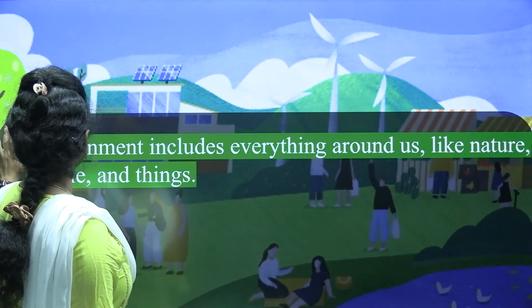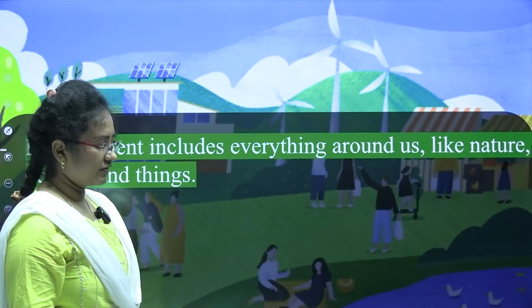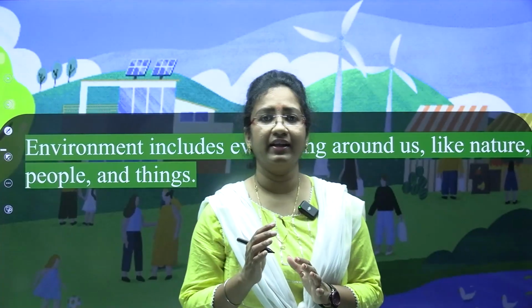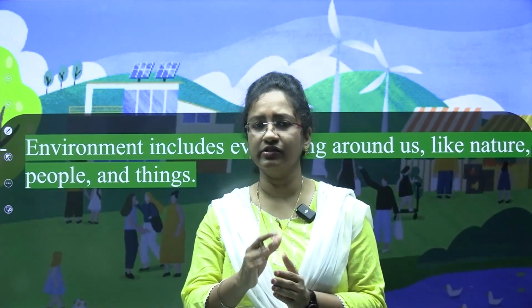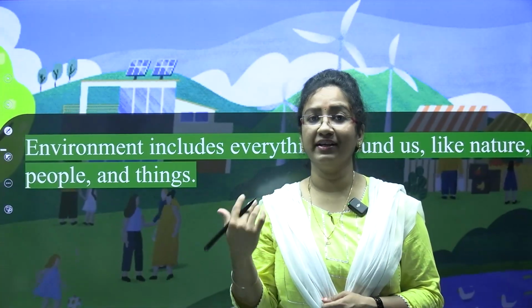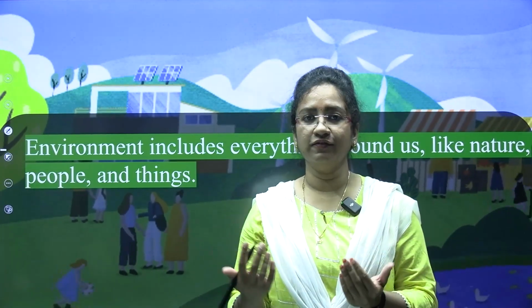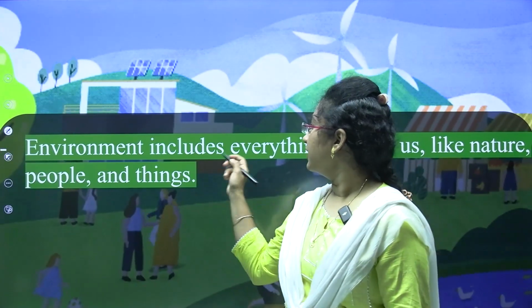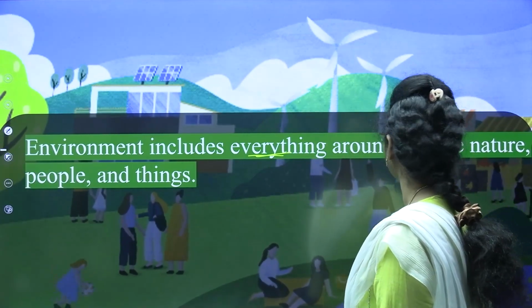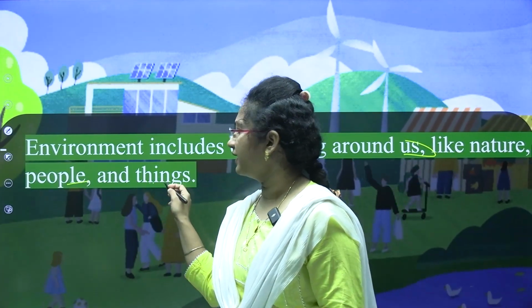So basically, what is environment? What comprises the environment? Everything that we see around us. Just look around you, at the place where you're standing. Whatever things are present around you, all of that comprises your environment, right? That means it includes everything around us like nature, people and things.